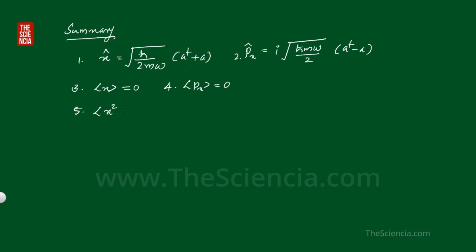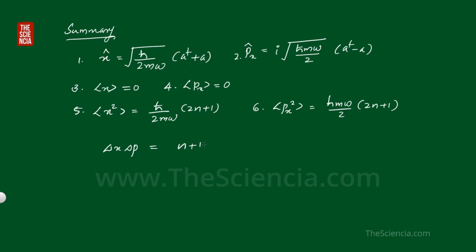The expectation value of x square is equal to h cross by 2m omega into (2n plus 1), and the expectation value of px square is equal to h cross m omega by 2 into (2n plus 1), and the uncertainty product delta x delta px is equal to (n plus half) h cross. Please try to remember all these equations.